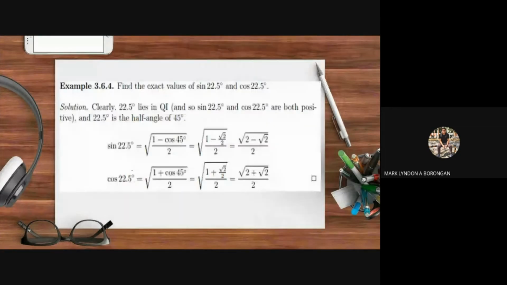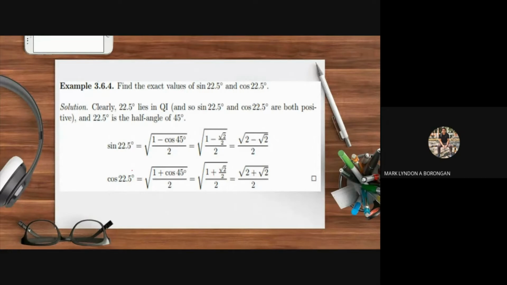Now we are asked to find the exact values of sine of 22.5 degrees and cosine of 22.5 degrees. For our solution, 22.5 degrees lies in quadrant 1, so sine of 22.5 and cosine of 22.5 are both positive.